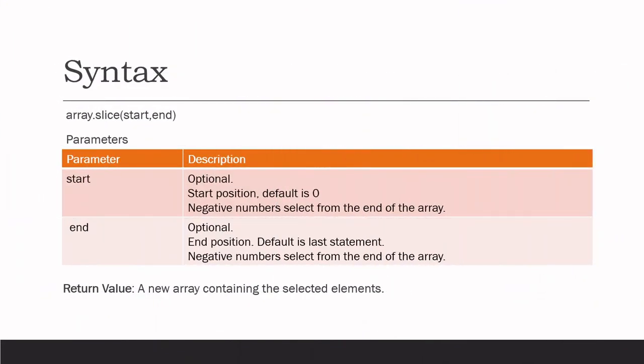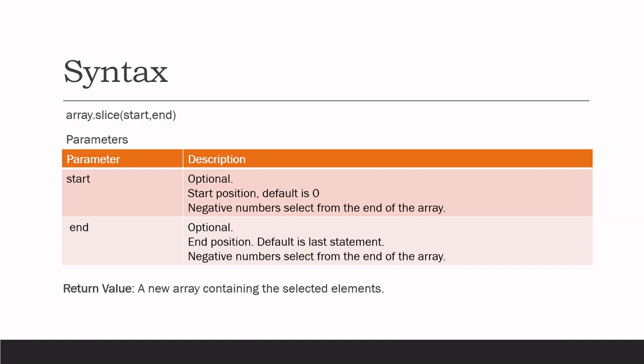What is the syntax for the slice function? Whatever array we have, dot slice, and in the brackets the start position and the end position. Both these parameters are optional. If you don't pass the start position, it is taken as 0 by default. If you pass a negative number as the start position, it will count from the end, from the last elements.